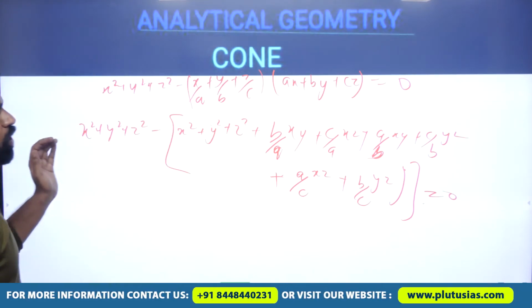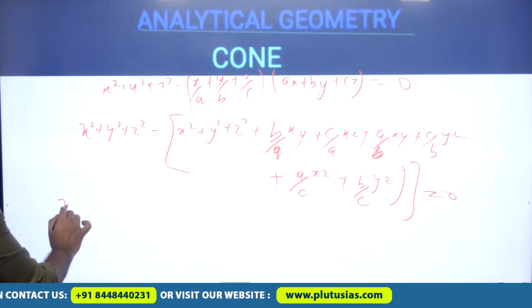Now these x square, y square, z square cancel out and we take xy as common.